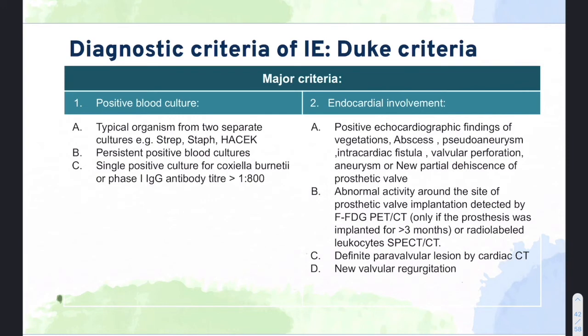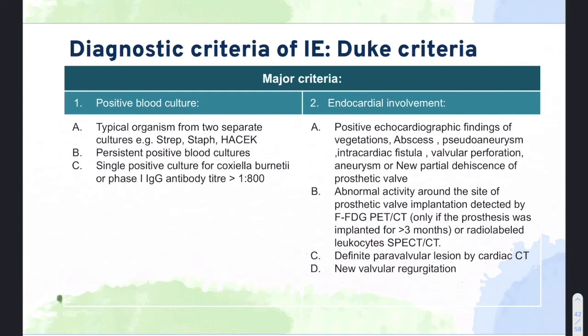Or all 3 are positive blood cultures, with at least one hour between the first and the last. It's considered a persistent positive blood culture, and you get the point of positive blood culture for a major criterion. The third option is a single positive culture for Coxiella.